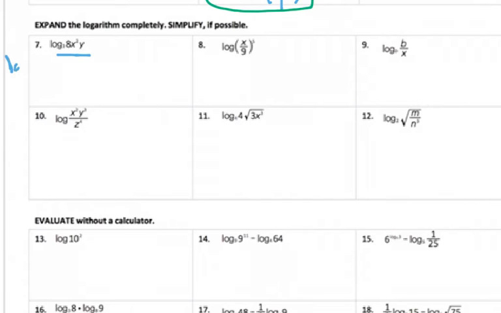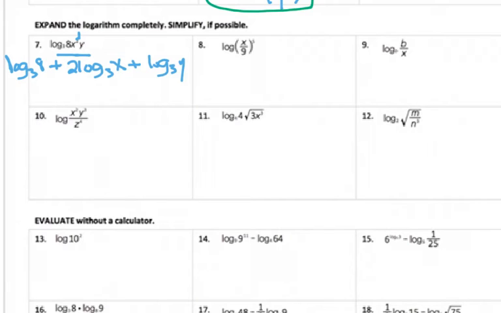So this will be log base 3 of 8 plus, at the same time, we're going to bring this power down. So it's going to be 2 log base 3 of x plus log base 3 of y.